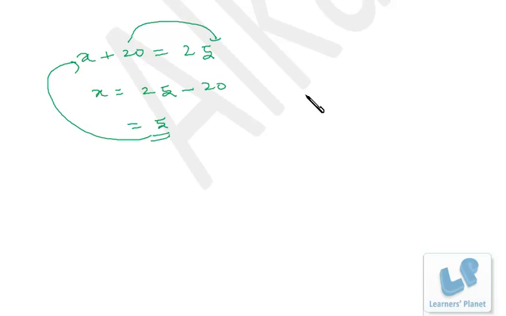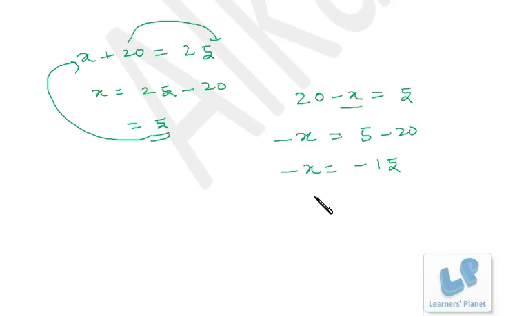Okay, similarly, suppose I have 20 minus x is equal to say 5, right? So what you will do, minus x is equal to 5 minus 20, we leave minus x this side, 20 will go to this side. So minus x is equal to 5 minus 20, that means minus 15. Now what will you do?